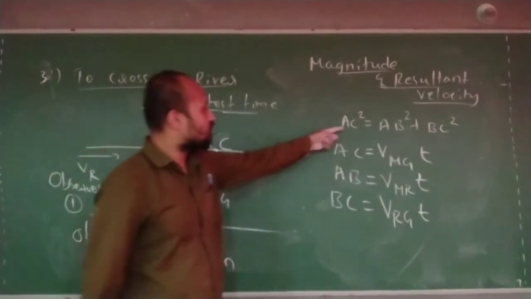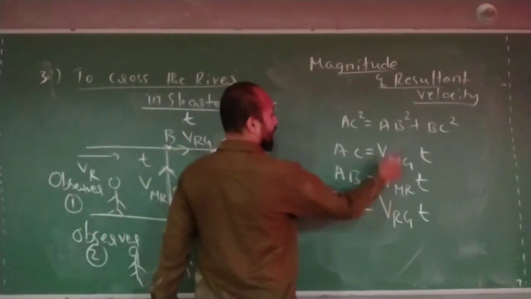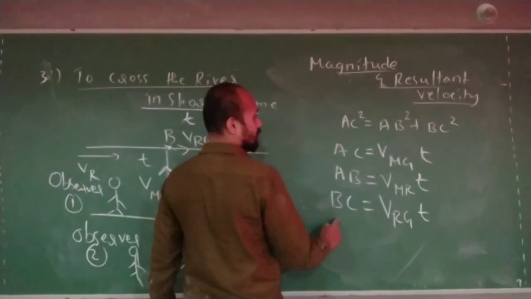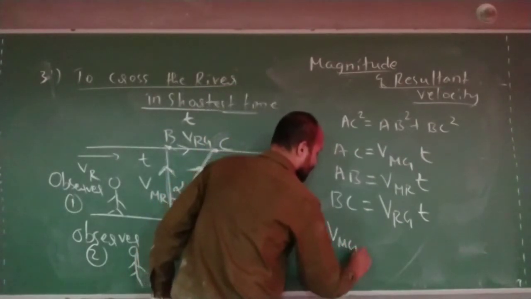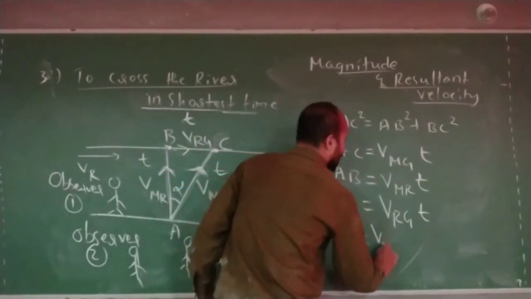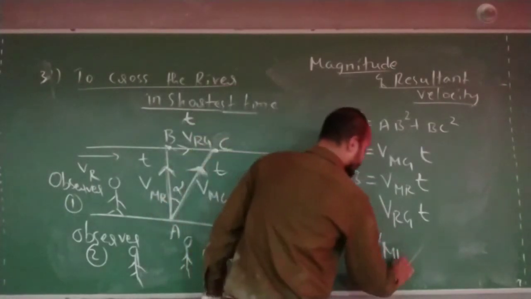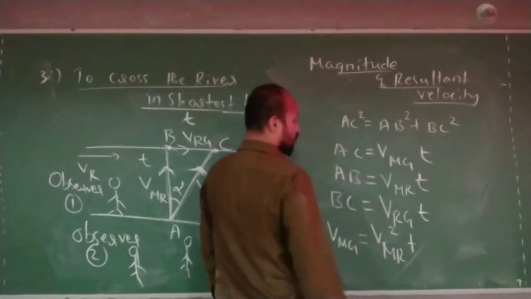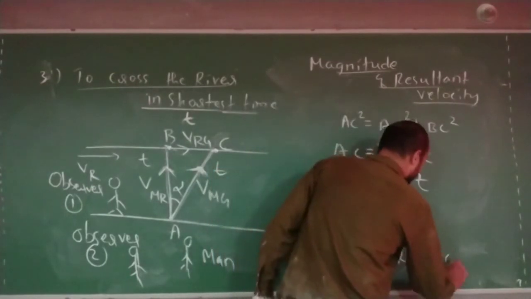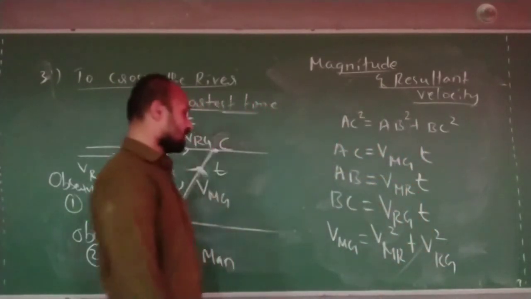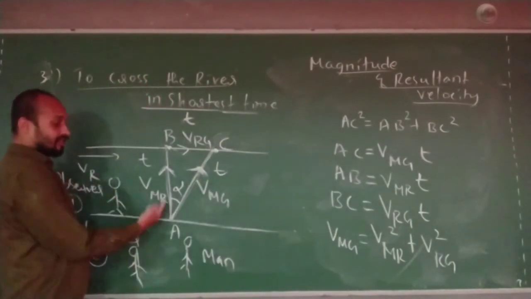Correct now? So from this expression, you will get velocity of Vmg will be equal to root of Vmr square plus Vrg square, where Vmr is AB.